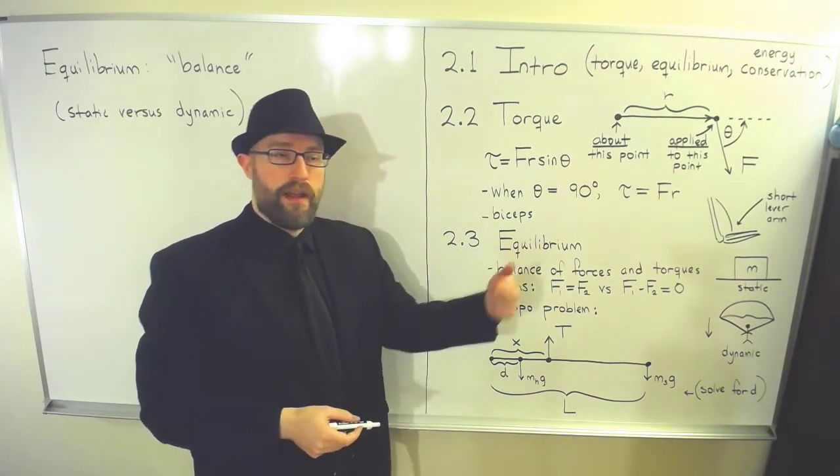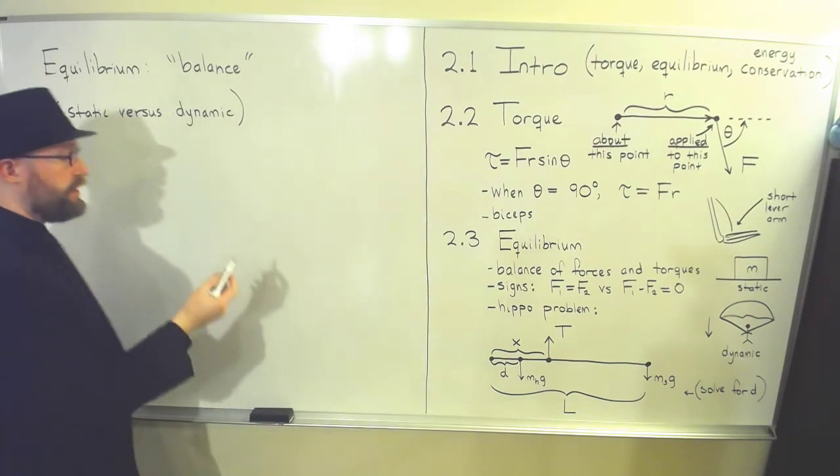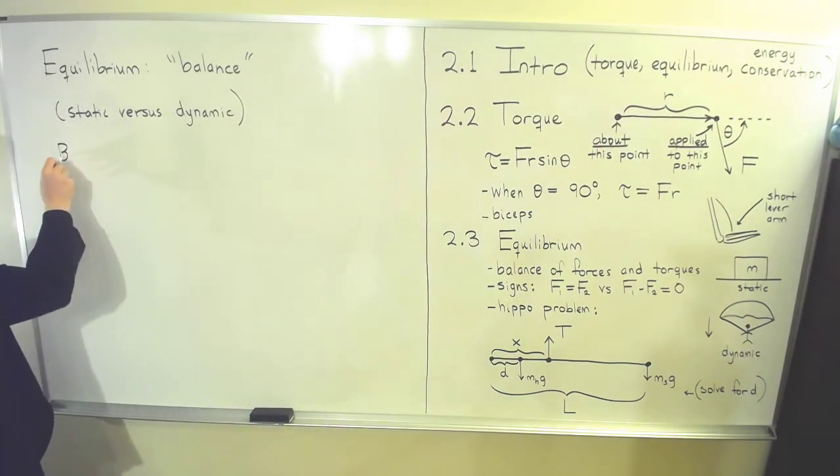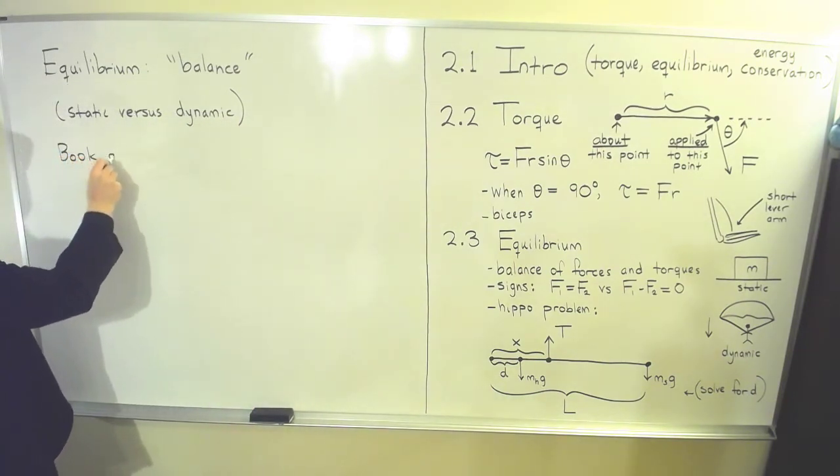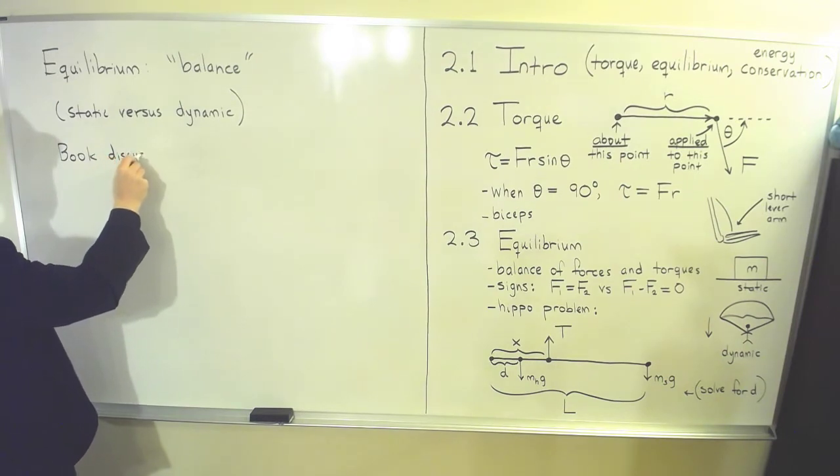Now, the book spends about a page to a page and a half talking about how you treat the signs of forces and torques. And what they're trying to get at, so this is the book discussion in this part.